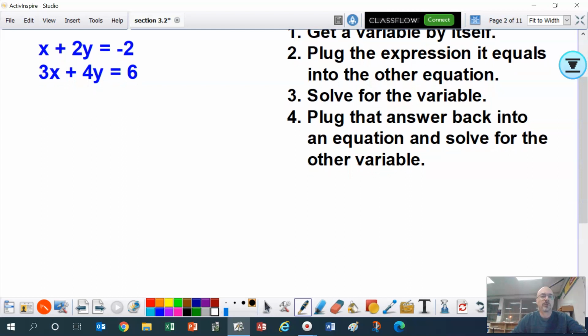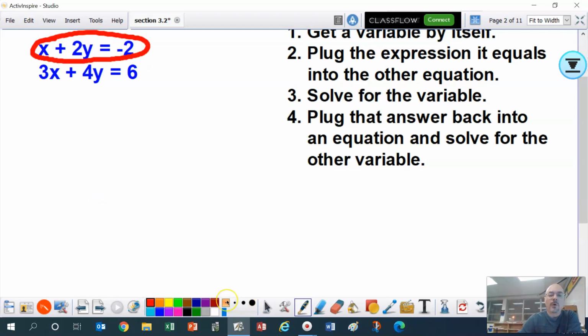Looking at these two equations, I'm going to pick the top equation and solve for x because it only takes one step to solve for x. If I take x plus 2y equals -2, I'm going to subtract the 2y from both sides.